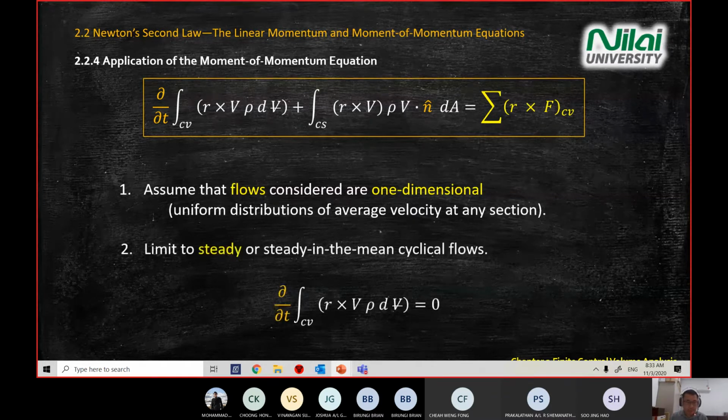The second guideline that we should follow is number 2. We only limit ourselves to steady flow. When we have steady flow, the first term in our control volume equals 0, same as what we saw in the linear momentum case.